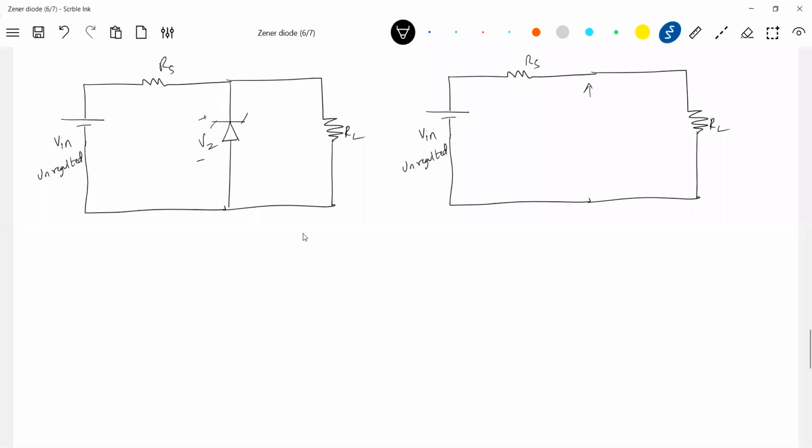And measure this voltage. We'll call it usually V. Let me write only V. I'll measure this voltage. How to measure this voltage? Potential divider formula. V equals V in RL by RS plus RL.